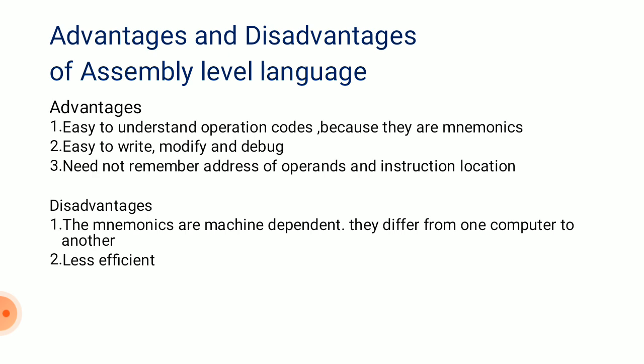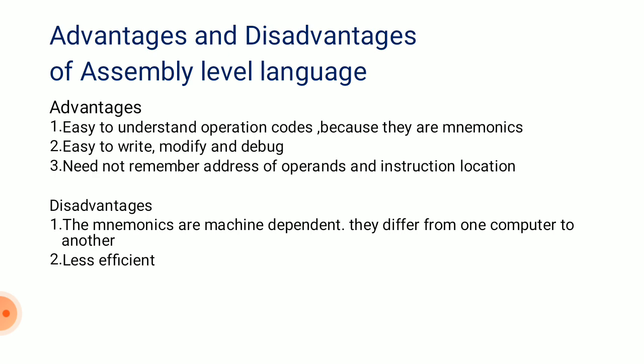We can easily write the instruction, we can easily modify, we can easily debug, means we can easily correct the codes. And third advantage is need not remember address of operands and instruction location. So here we need not remember the address of the operands and instruction location, as we are writing the instruction in English words, so that we can easily read, write and understand.